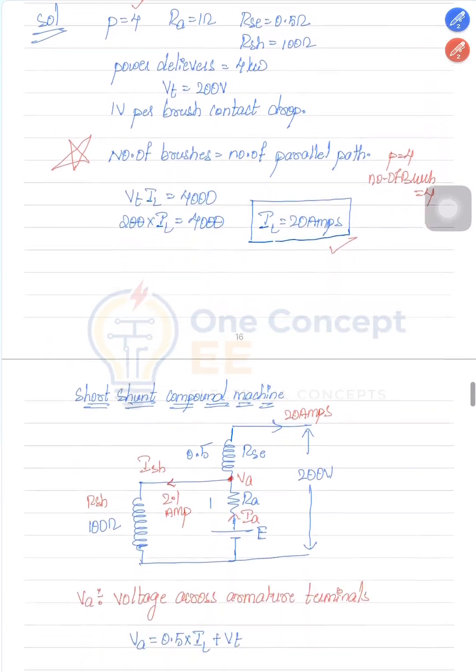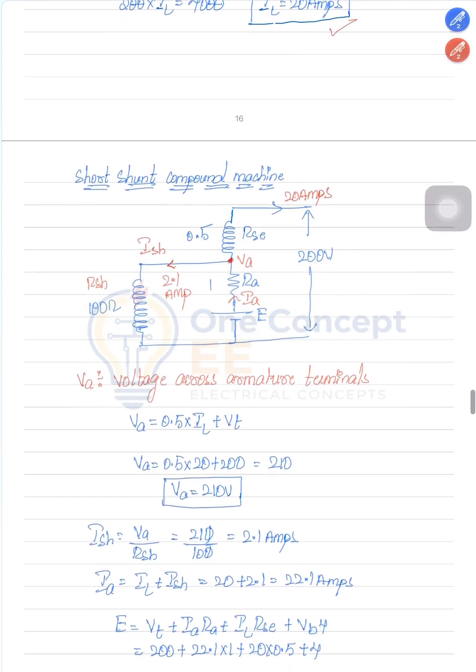Let's now think about option A of the question, the short shunt compound machine. This is a short shunt compound machine giving a load current of 20 amps. Initially we try to find the voltage across a particular node, VA.